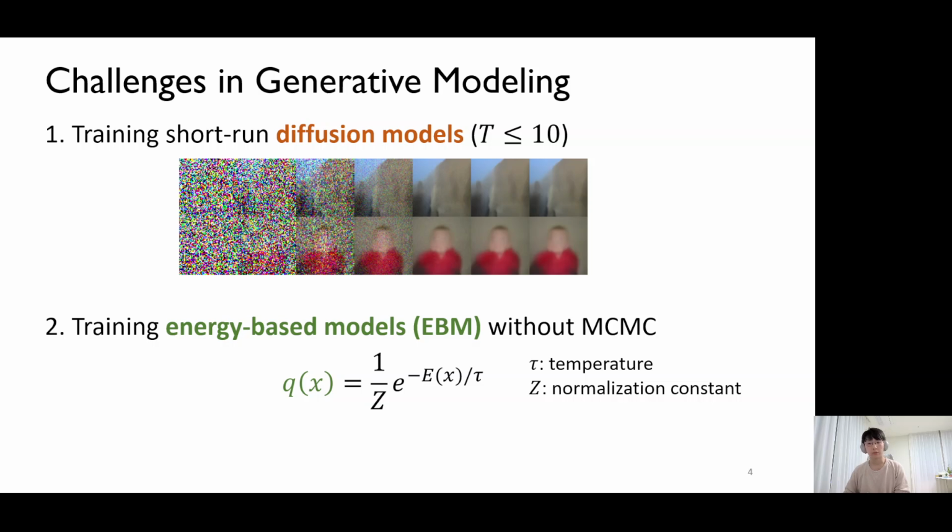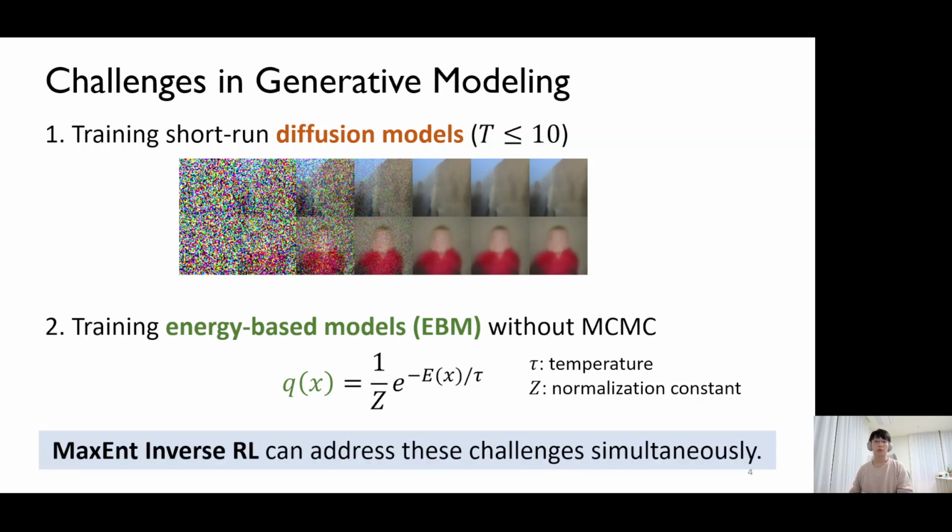The standard training of an EBM requires MCMC because of the intractable normalization constant. This process is computationally expensive and highly sensitive to hyperparameters. In this work, we show that incorporating the idea of imitation learning, especially maximum entropy inverse reinforcement learning, can address these two challenges simultaneously.